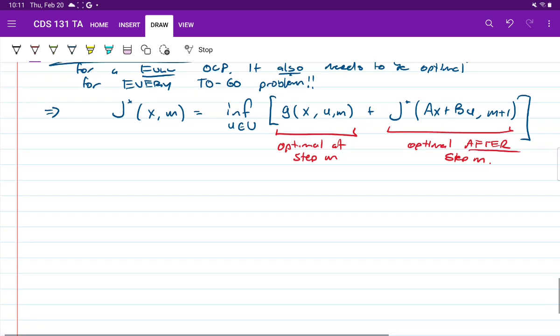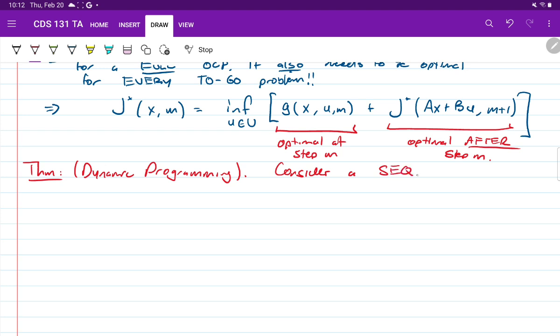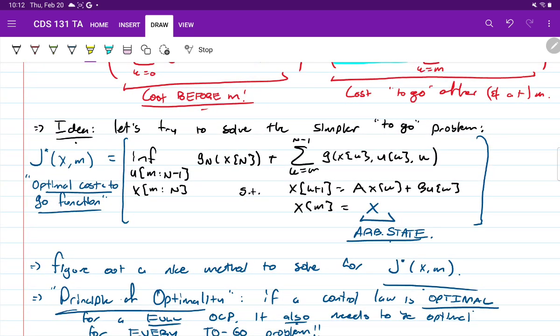So let's go ahead and state a theorem that says all this dynamic programming stuff actually works. Theorem, which is dynamic programming. What this says is consider a sequence of functions which are defined according to the following recurrence. We're going to have J at time step n of x just equal our terminal cost term. So we're going to start all the way at the end.